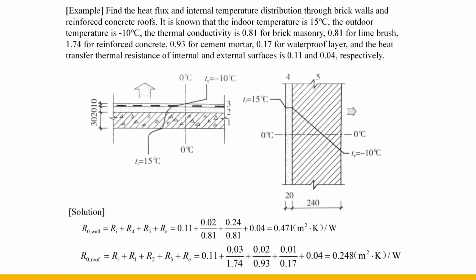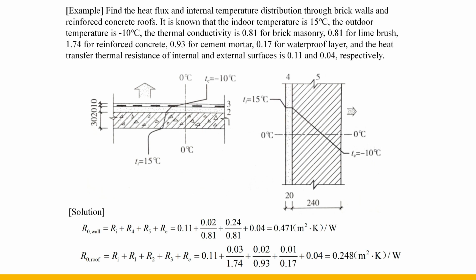The right figure shows that the brick wall is a two-layer structure, inside on the left, outside on the right. The layer number is marked on the top. From left to right, it is layer 4 and layer 5. Layer 4 is 20 mm thick lime brass, and layer 5 is 240 mm thick brick masonry.